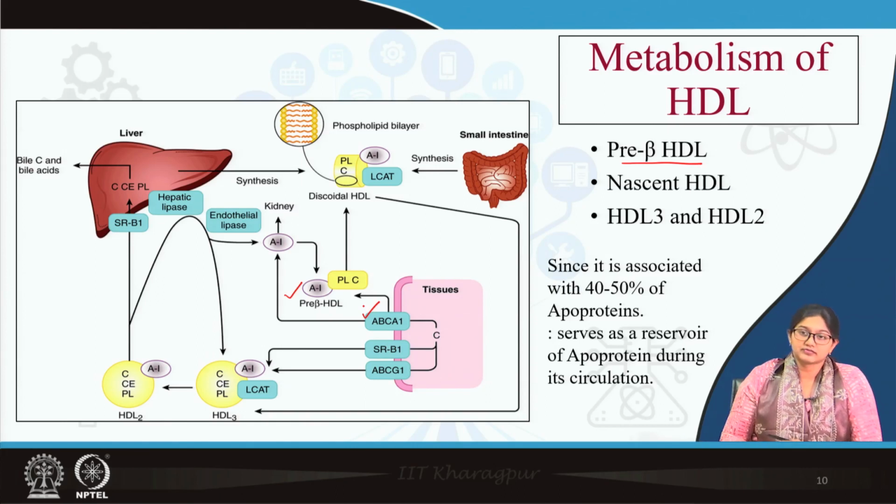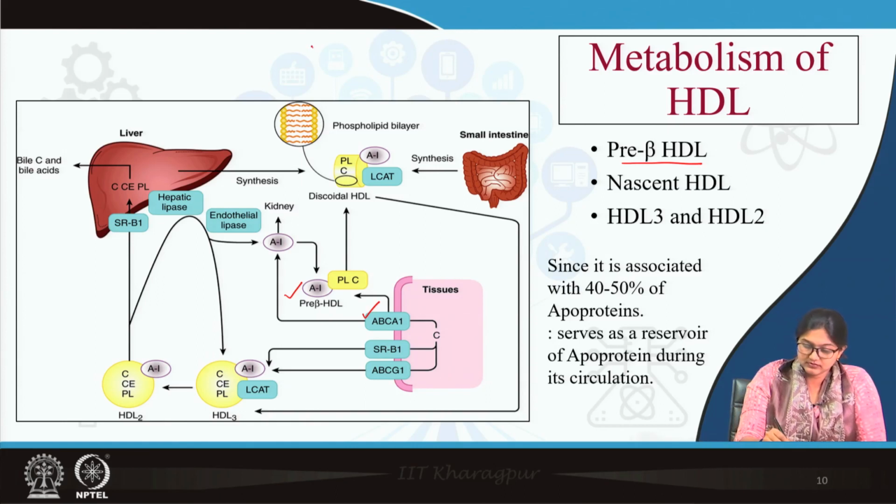ABC stands for ATP binding cassette transporter protein, and the type is A1.